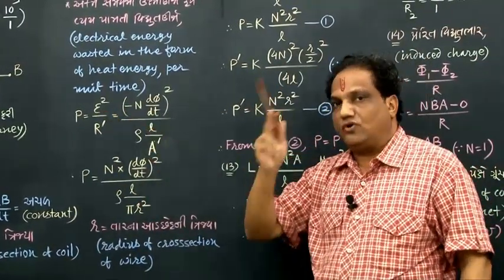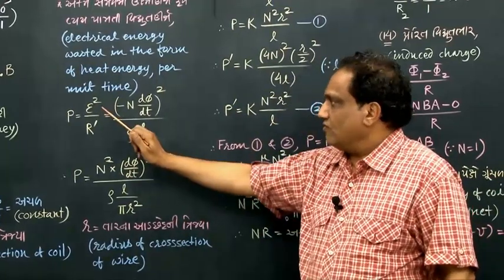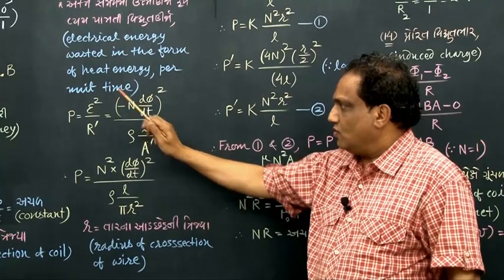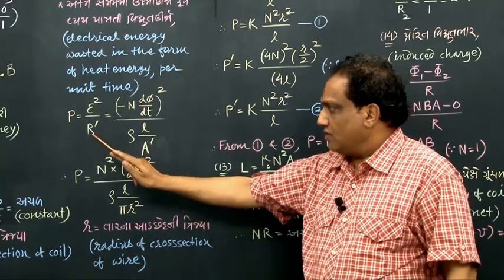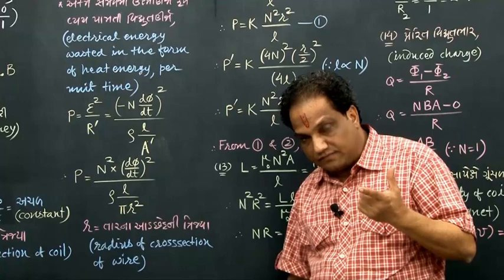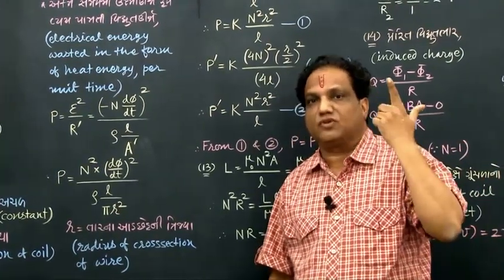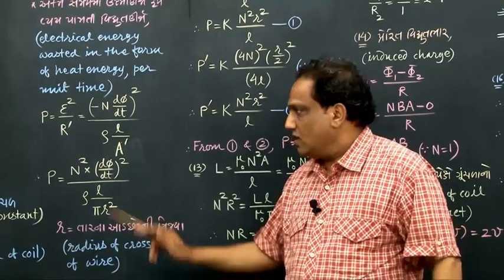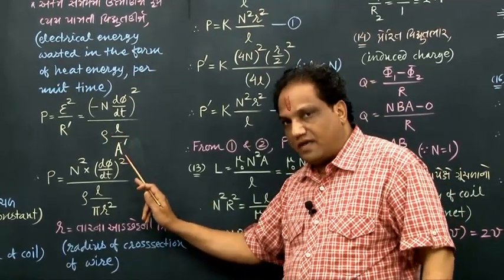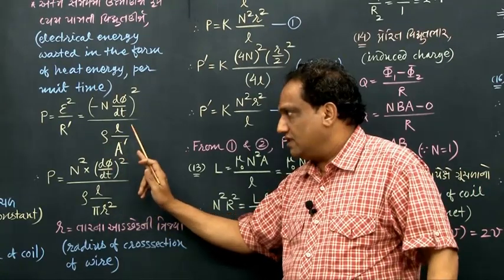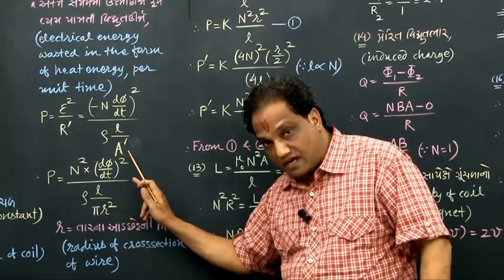According to Faraday's law of electromagnetic induction, what is the formula for E? Minus N d phi by dt, whole square upon resistance of the coil, meaning resistance of some length of the wire. Resistance of conducting wire is rho into L upon A. Just speak out in words: resistivity into length upon cross sectional area.